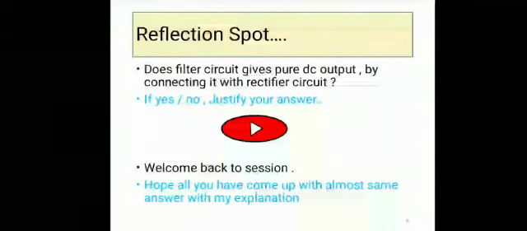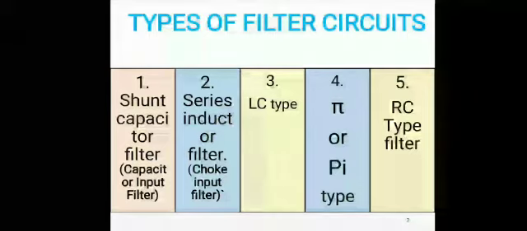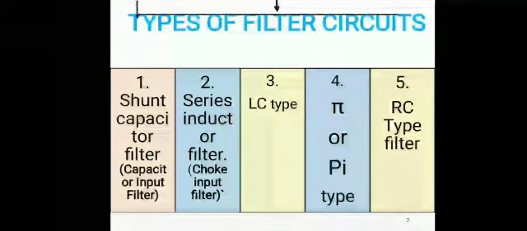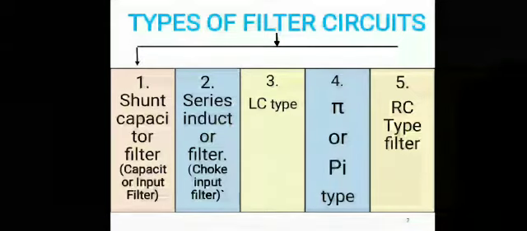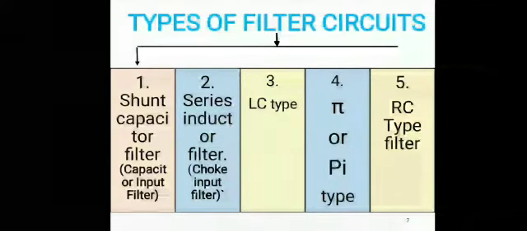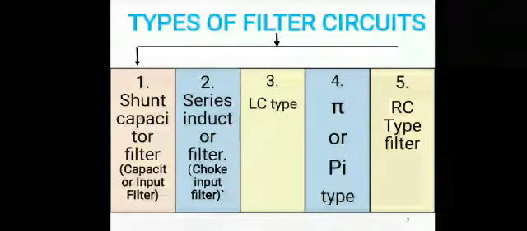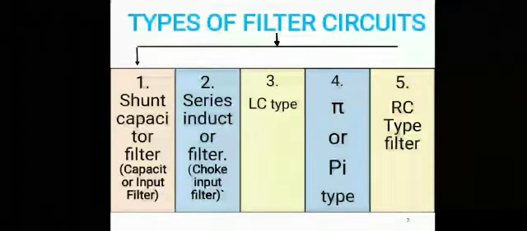We'll move further. Now we'll see the types of filter circuits which are used to remove the AC component. First, the shunt capacitor filter, or another name for this is capacitor input filter. In this, one capacitor is connected in parallel, or in shunt, with the load resistance.